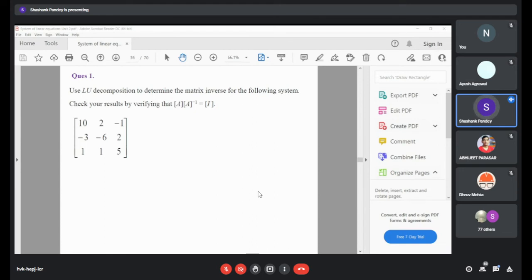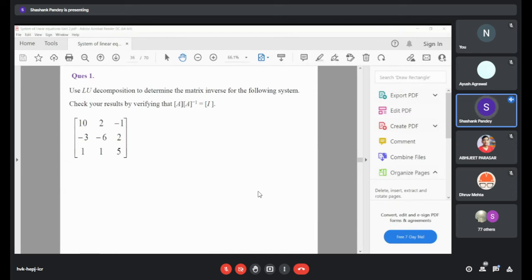For a three by three equation you have to solve, you have an inbuilt function in your scientific calculator also. You may simply put these calculations there and get the inverse, or get these unknowns x1, x2 and x3.